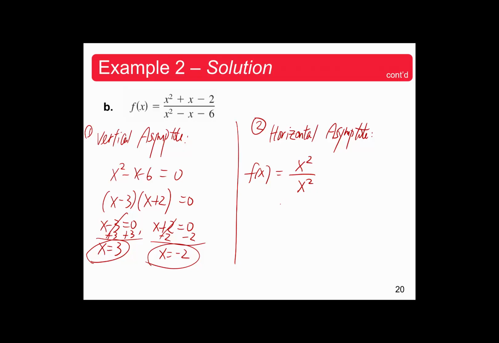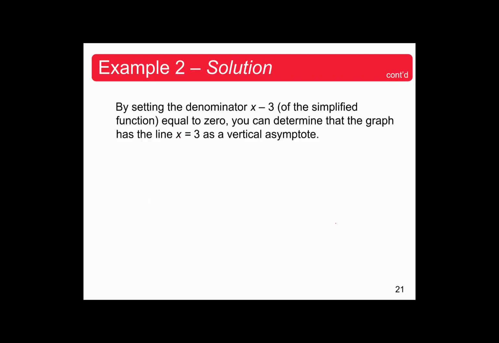And when you divide, it becomes 1. f of x equal to 1 is the same thing as y equal to 1 because f of x is equal to y. So y equal to 1 is the horizontal asymptote. Okay, so that's how you find vertical and horizontal asymptotes, and that's just a recap of what we did so far.